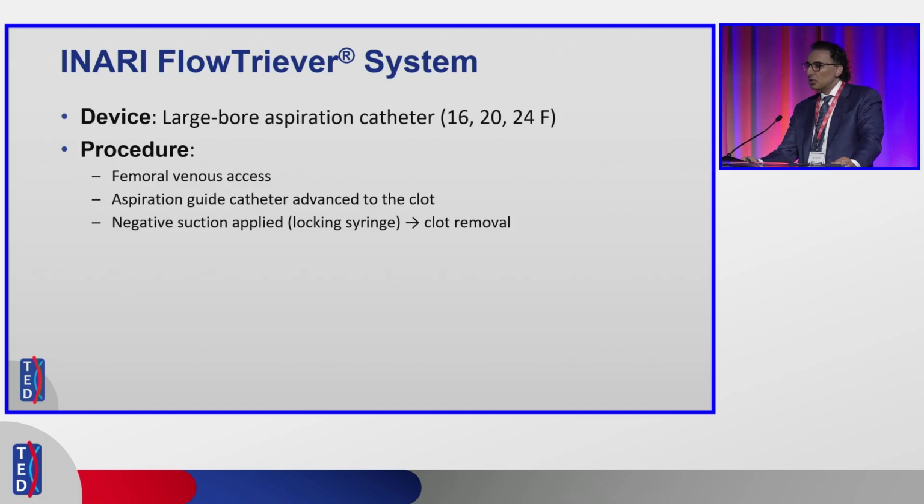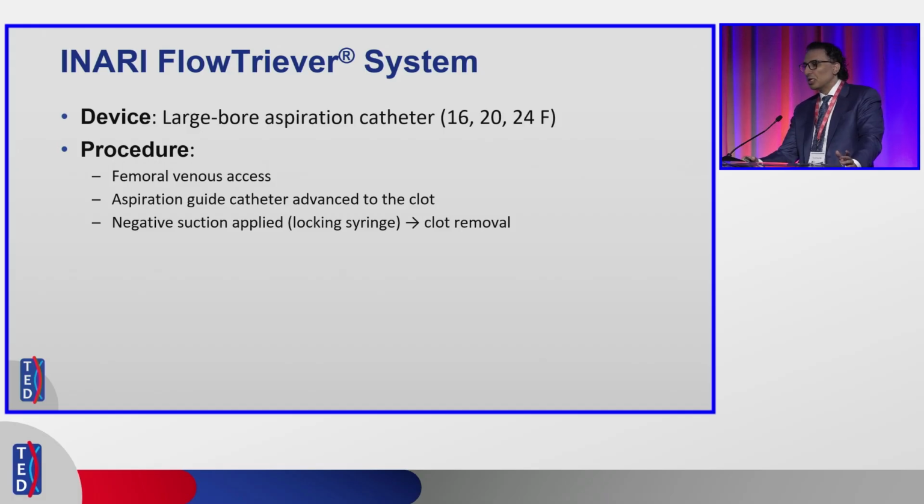Inari is one of them that has the most amount of data. It's the one that I most commonly use. It comes in 16, 20, and 24 French systems. Basically, you get femoral venous access. I pre-close the venotomy with two Perclose devices.